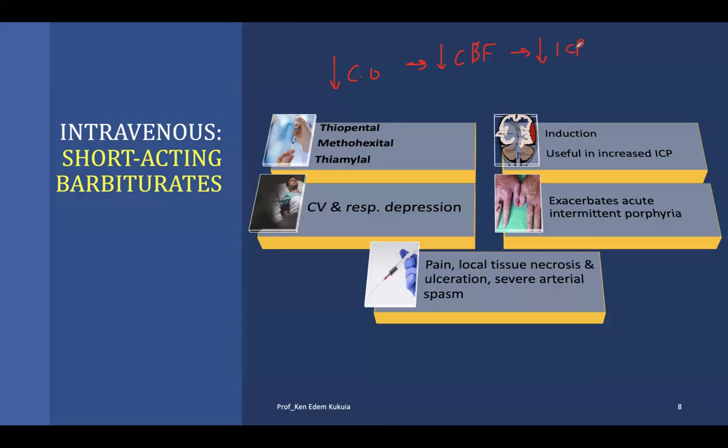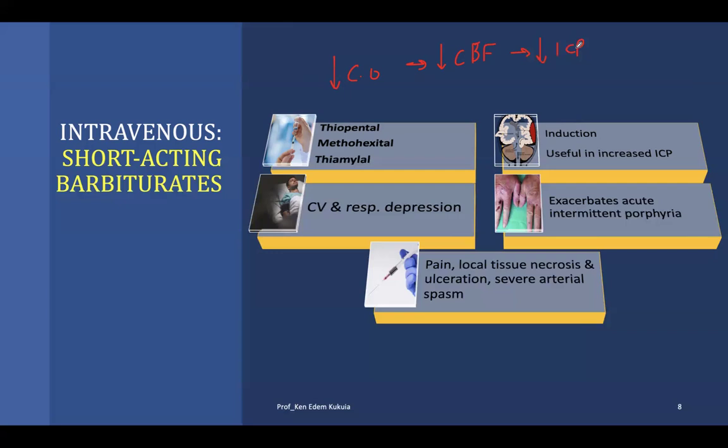So there's a reduction in intracranial pressure. This is useful in situations where the patient already has a raised intracranial pressure. The patient may have a tumor or a brain trauma that has raised the pressure, and so we want to reduce that pressure, otherwise the brain tissues could be damaged. So this drug becomes useful there.